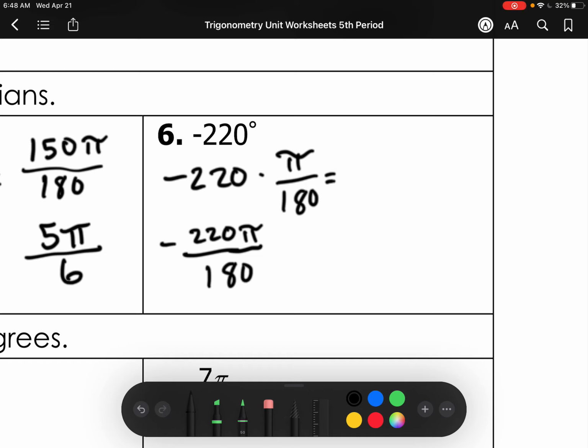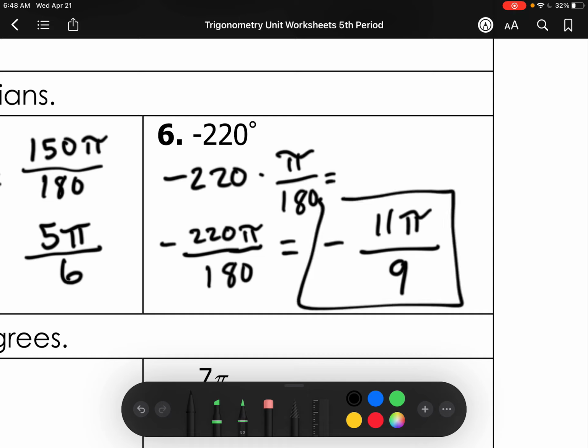So let's see, 180 divided by... Oh, so they're both evenly divisible by 20. So 220 divided by 20 gives us 11 pi, and 180 divided by 20 is 9. So when we simplify, we get negative 11 pi over 9.